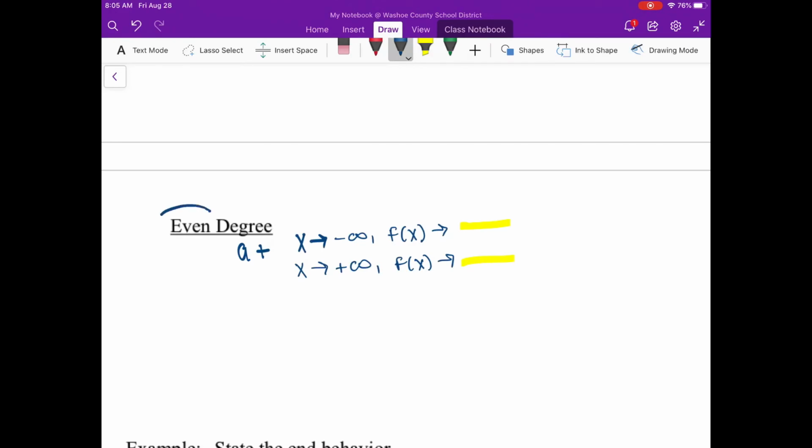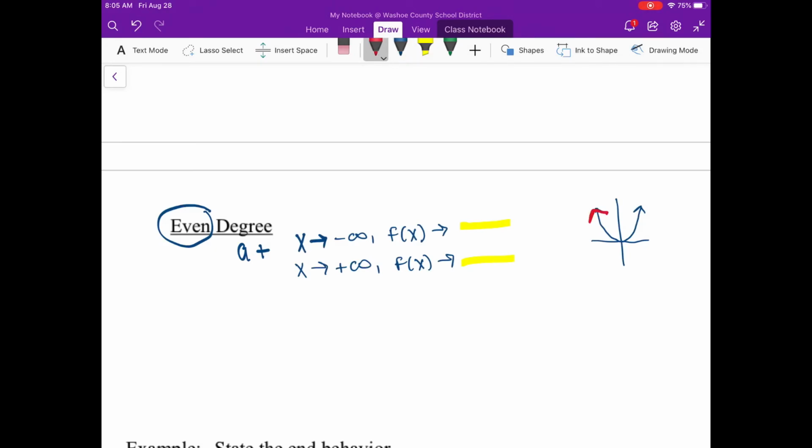So even degree, I'm thinking of the smallest, just because it's the most familiar function I know that is even and positive. When I think of an even function, I think of a parabola. Okay, so that's the basic picture of a parabola with a positive a value, so it's opening up.